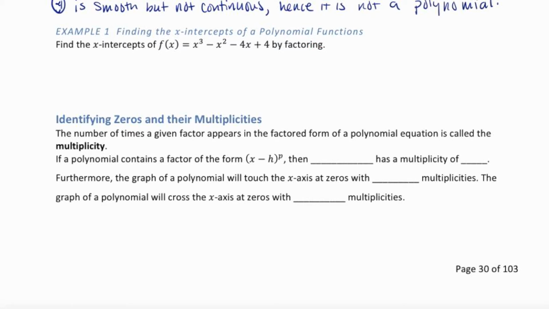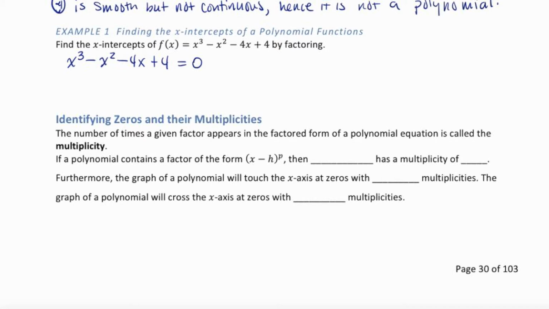So let's start off with writing out x cubed minus x squared minus 4x plus 4 equals 0. And remember, the x-intercepts are found when our y values, that is our f of x, is equal to 0. So we set the whole function equal to 0.